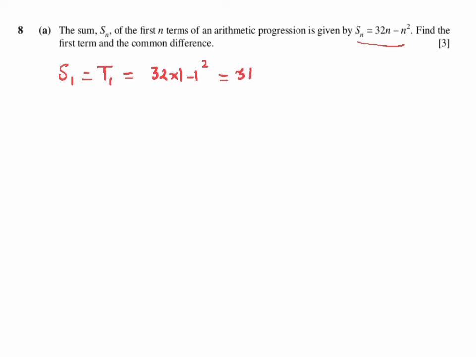This is the first term. Second, S2 will be 32 into 2 minus 2 square, that will be 64 minus 4, that will be 60. So S2 is nothing but T1 plus T2 equals 60.